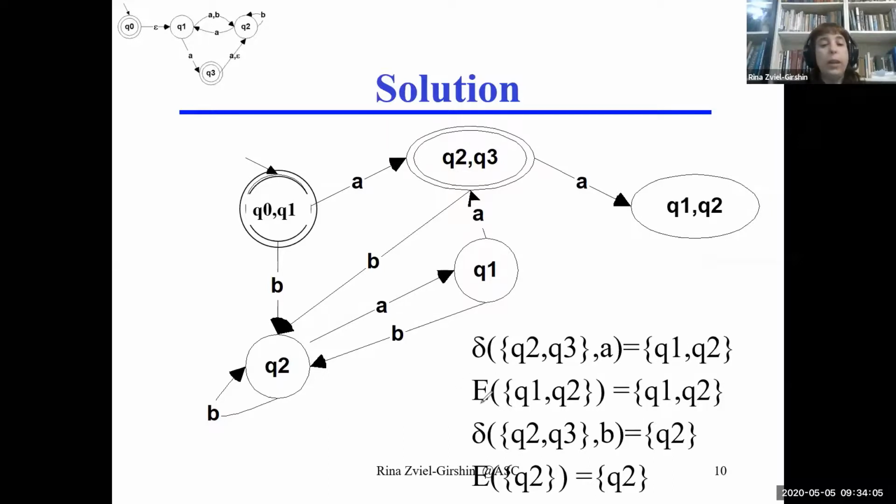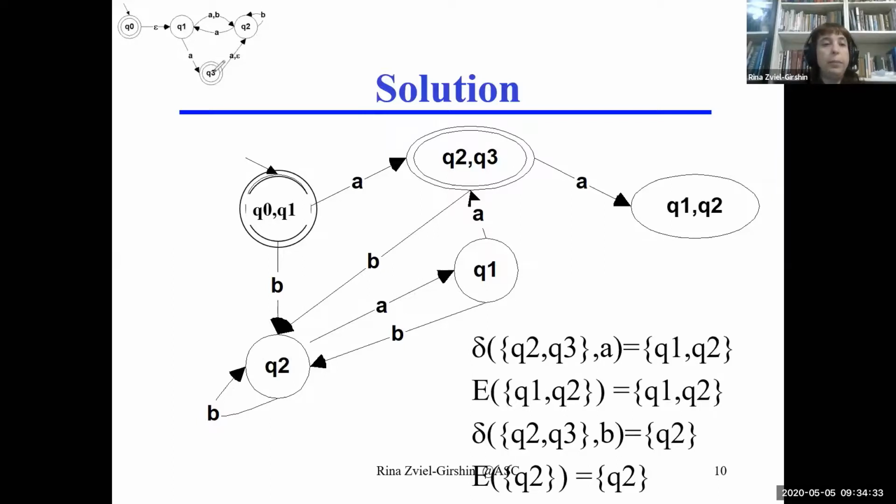Then I will do an epsilon closure of Q1 and Q2, and the epsilon closure of Q1 and Q2 is actually Q1, Q2, since I don't have any additional transition. So Q2, Q3 with A, I'm moving to the new state, Q1 union Q2. Okay. Q2 with B, I stay at Q2.